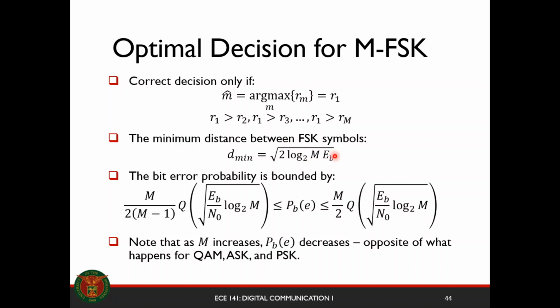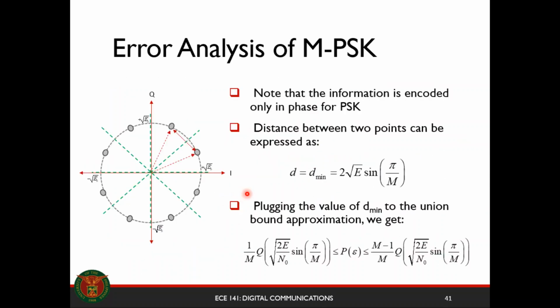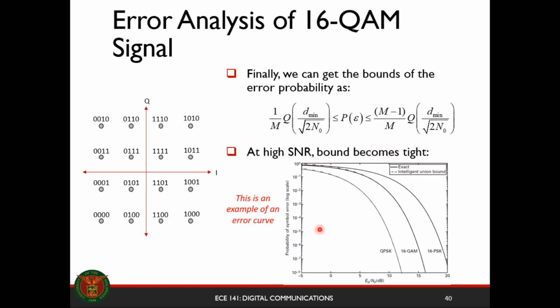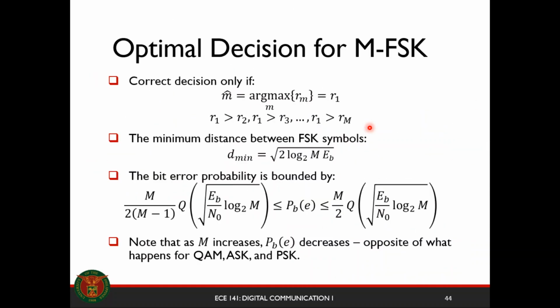So by using this minimum distance, the probability is bounded by, again, your union bound, and you'll get this for your minimum and this for your maximum.